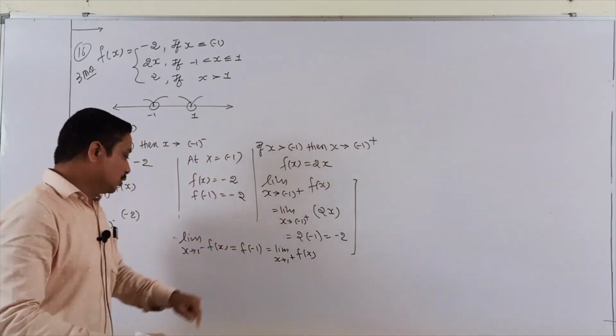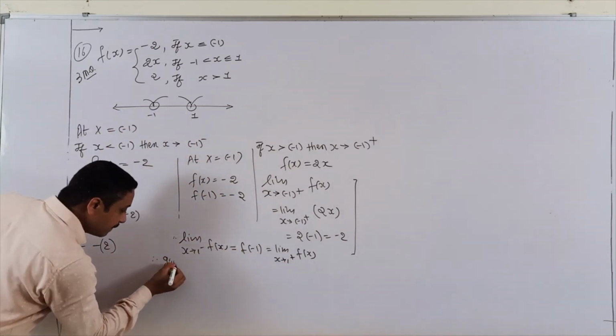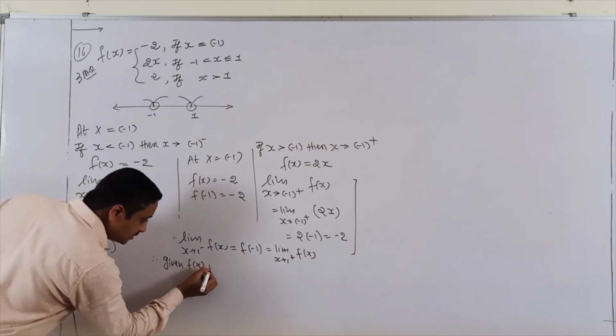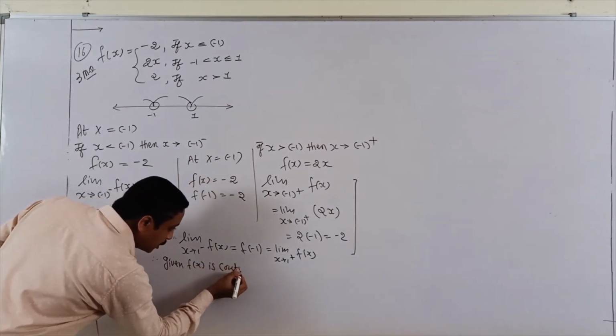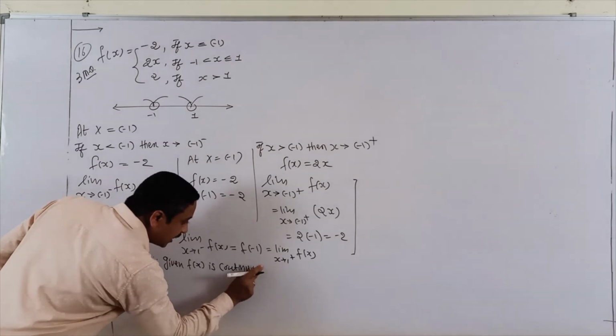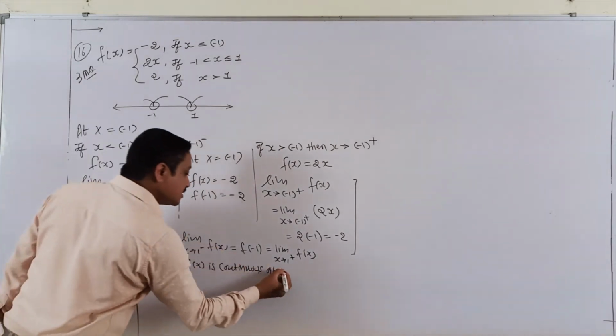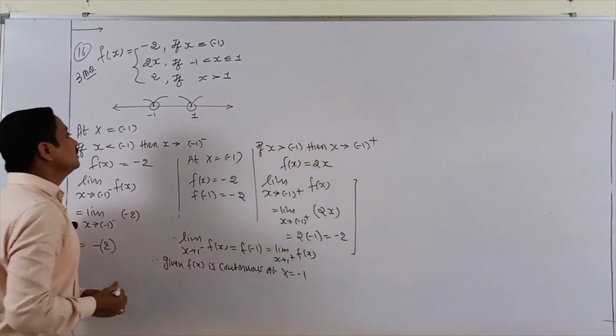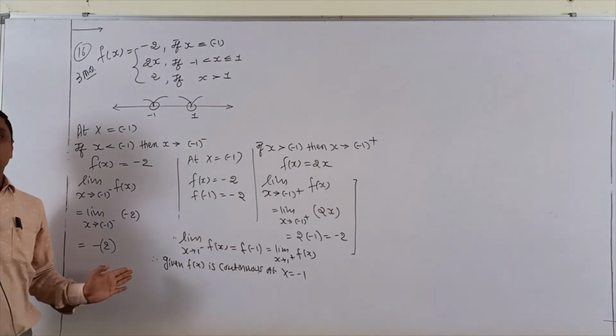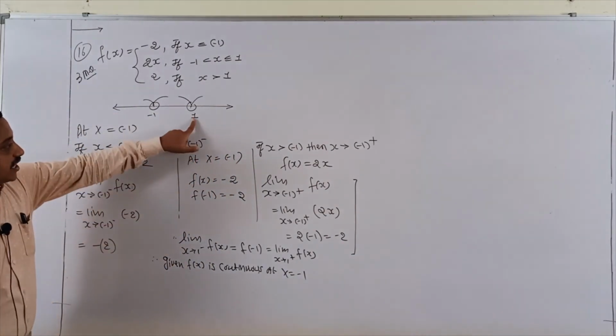All are equal. So the given function f(x) is continuous at which place? At x is equal to -1. And here half the sum is done.